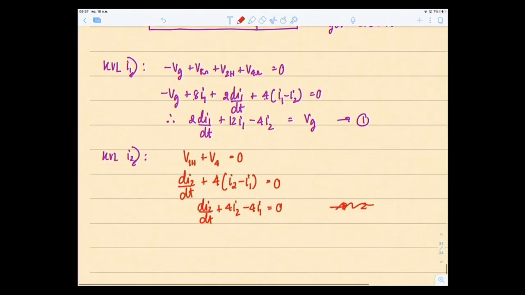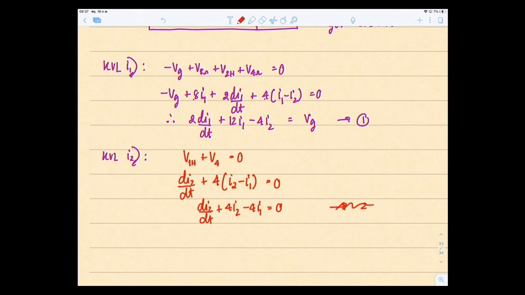Okay, I want to find I2, so somehow I have to change things into I2. I want everything in terms of I2, so I have to replace I1 with I2.